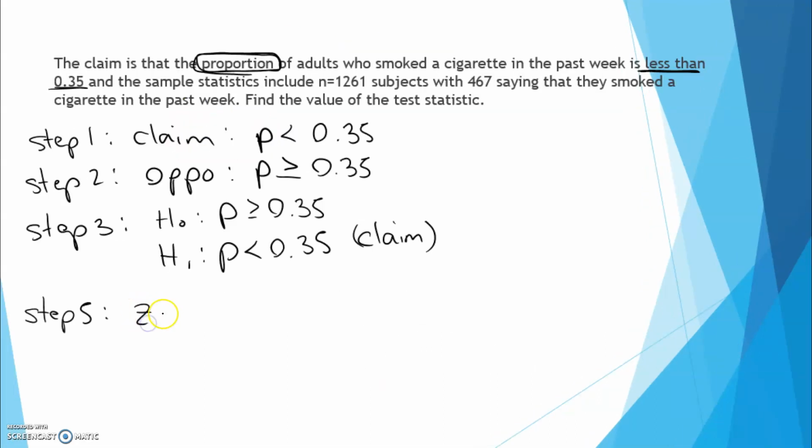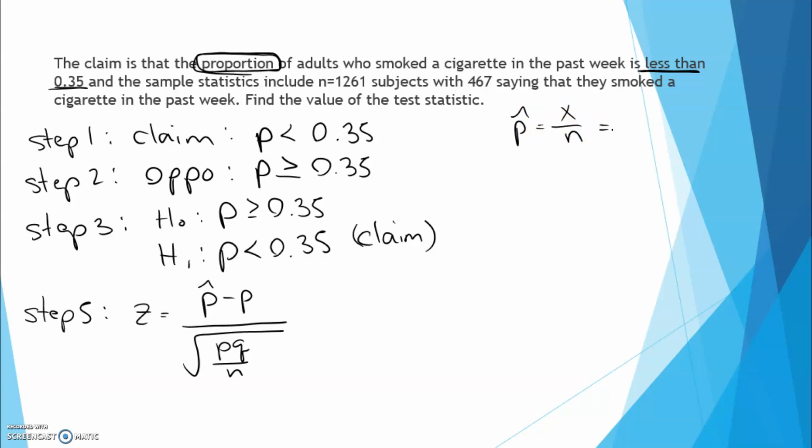Okay, so z is equal to p hat minus p divided by the square root of p times q divided by n. Okay, so I need to figure out what is p hat, which is x over n. X is the thing that we're looking for, and it says of adults who smoked a cigarette in the past week, 467 said that they smoked a cigarette in the past week.